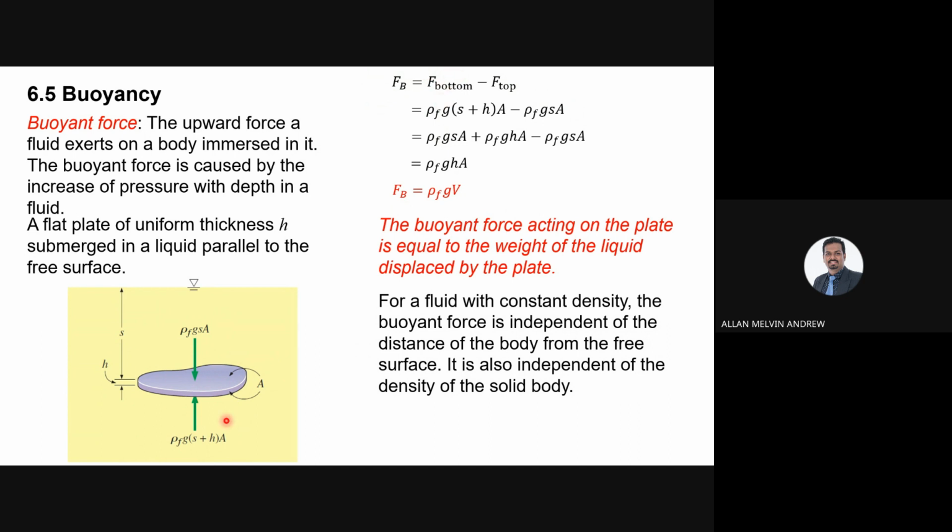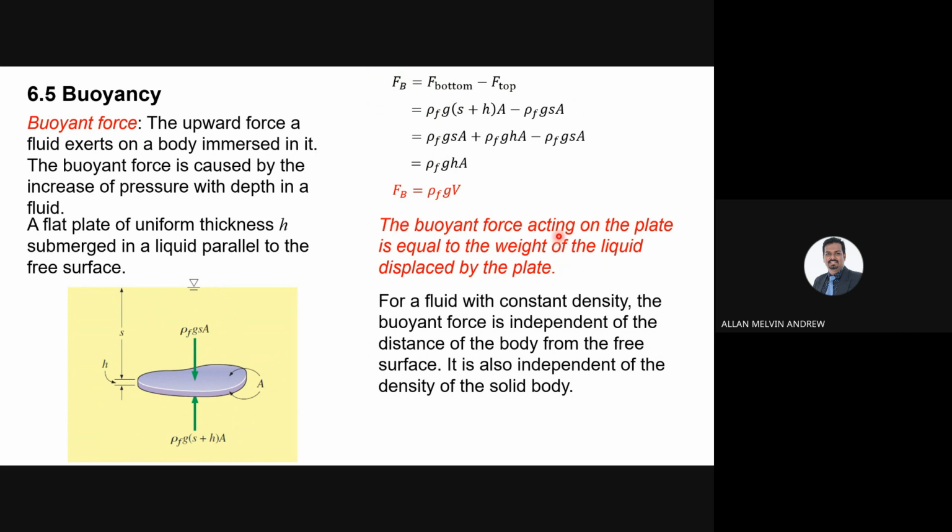So bottom minus top. You just replace the values, then you will get that the buoyant force is rho g V. So the buoyant force acting on the plate is equal to the weight of the liquid displaced by the plate. This is where the Archimedes principle comes in.